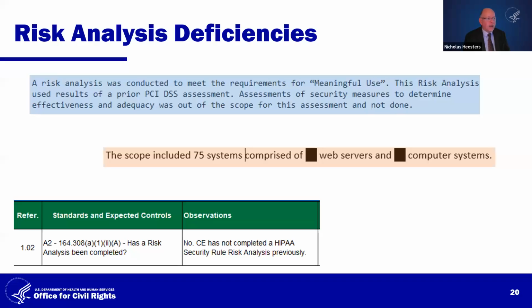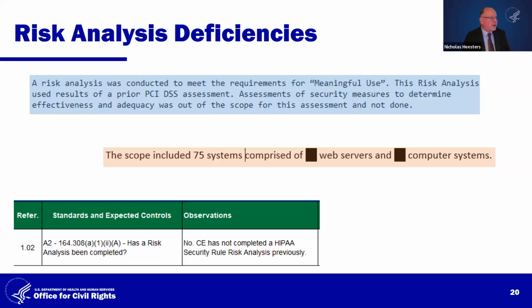So if a risk analysis is being done primarily for meaningful use, organizations just need to understand that the HIPAA security rule requirement is much broader than what the MIPS requires, and that needs to be done to ensure compliance with HIPAA. All right, so that's the first issue there.